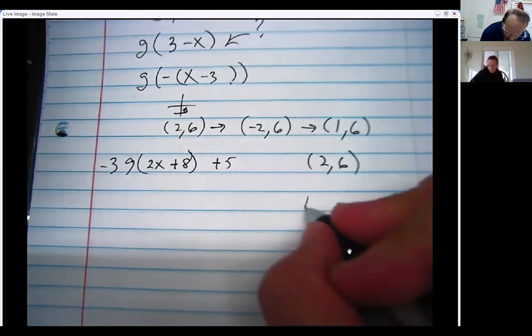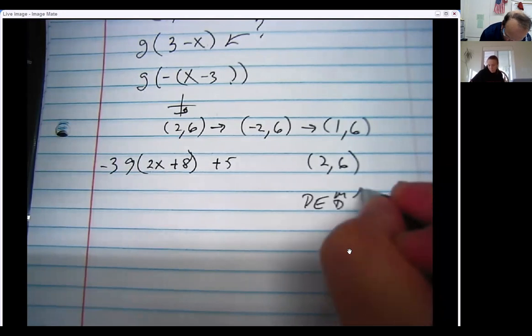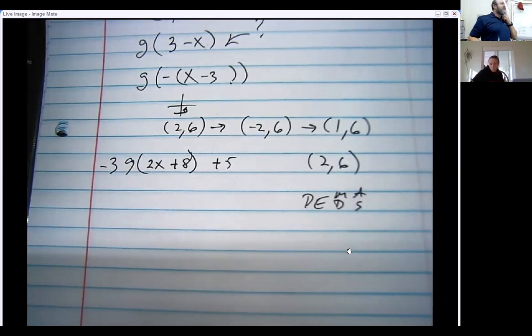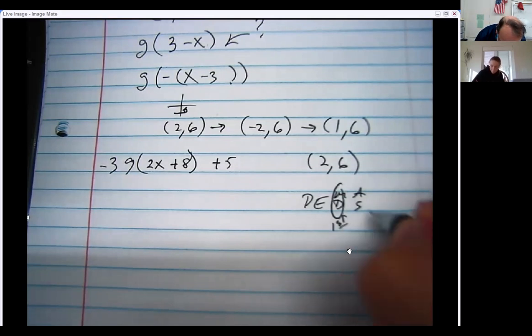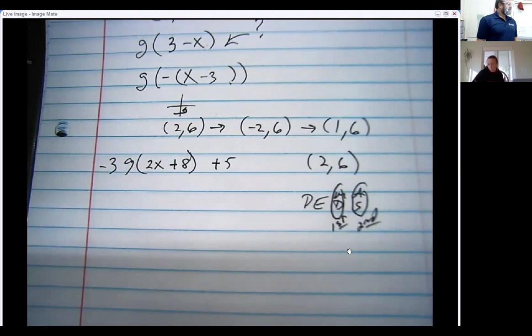Now, one thing that I would like to also keep in your head is when you say this PEMDAS thing, when it comes to graphing by transformation, these two ideas are first. These ideas are second. That's a pretty important little thing.